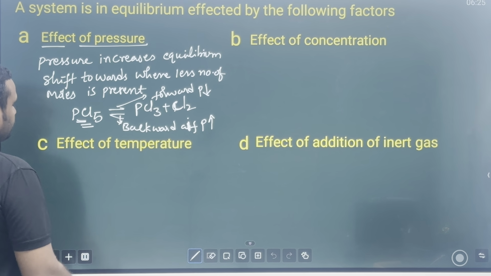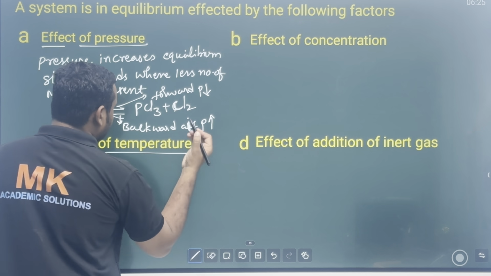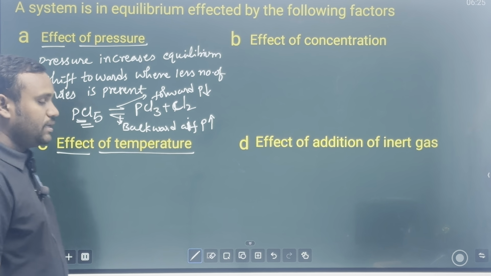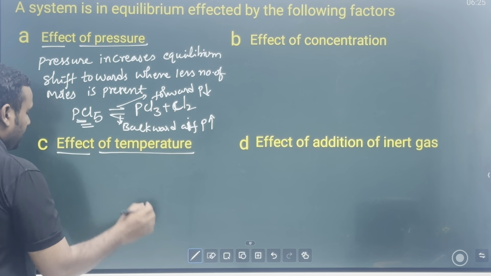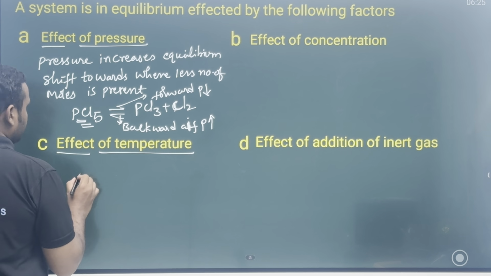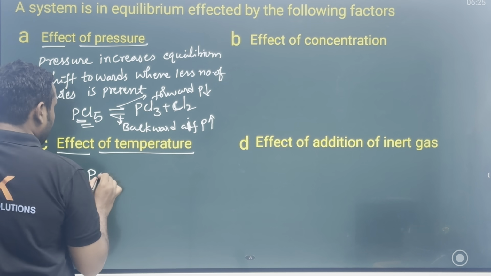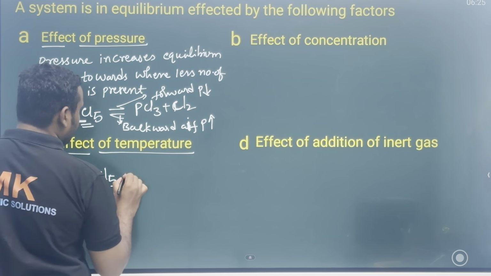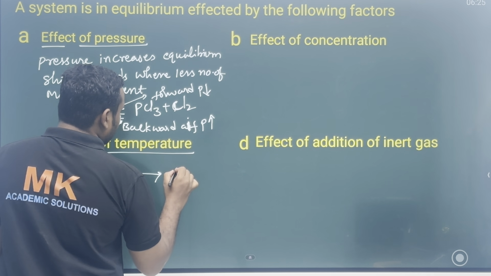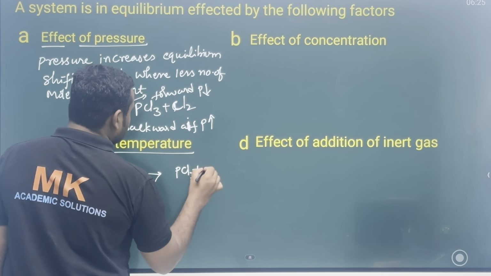Next, the effect of temperature. Already I told you, you can make this a generalization. PCl5 gives rise to PCl3 plus Cl2.